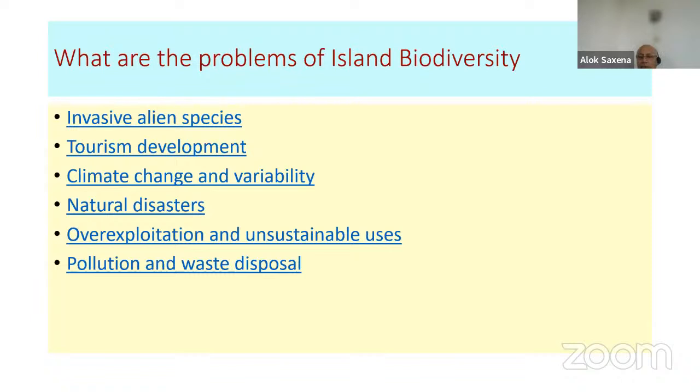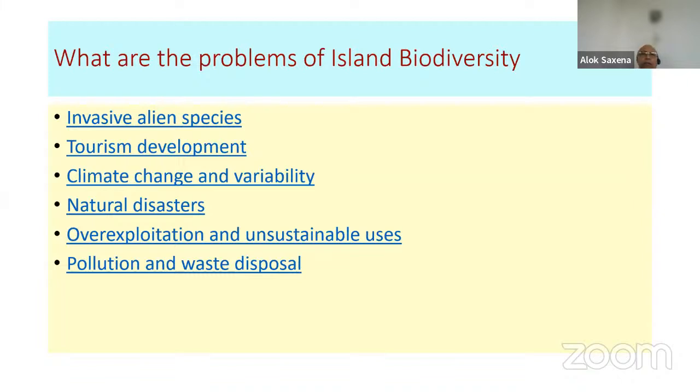Climate change, of course, you might have read a lot about this, the concern of climate change on small islands. Because if sea level rises, what will happen? Many islands may get submerged. This, in fact, happened when the tsunami came to Andaman Nicobar Islands. Certain islands got totally submerged. One megapode sanctuary was there near Great Nicobar.